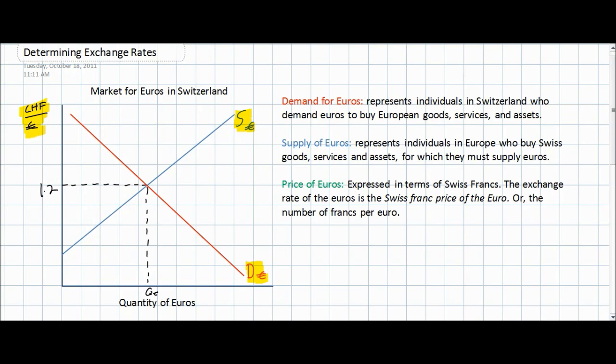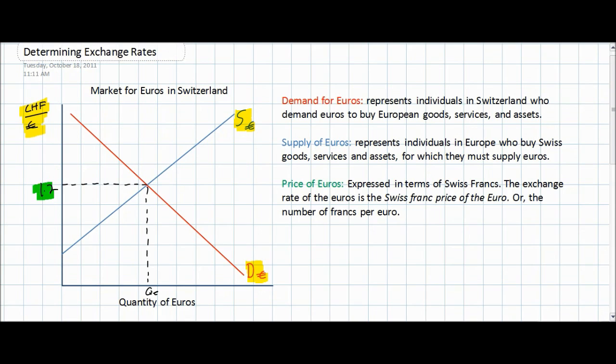In this case, we see that 1 euro costs 1 franc and 20 cents to a Swiss household who wishes to buy a good, service, or asset from a European country. Therefore, the exchange rate of francs per euro is 1.2. As we can see in the current market for euros in Switzerland, there is an exchange rate of 1.2 francs per euro. What could cause this exchange rate to change?